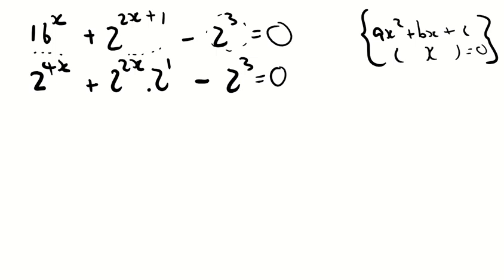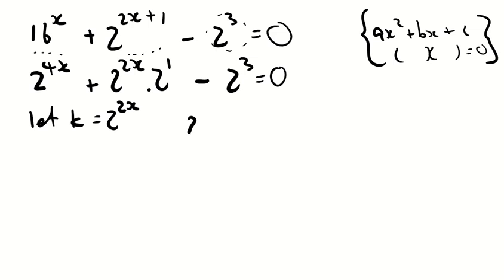Now you can already see that, to make things easy for us, we can just say let k be equal to 2 to the power of 2x. The reason we're letting k equal 2 to the power of 2x is because we can see that 2 to the power of 4x is going to be k squared, and that's going to be easier to work with.